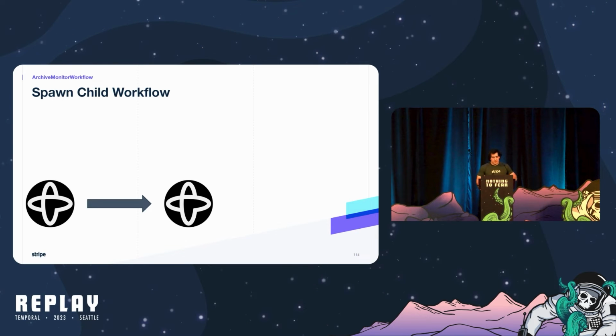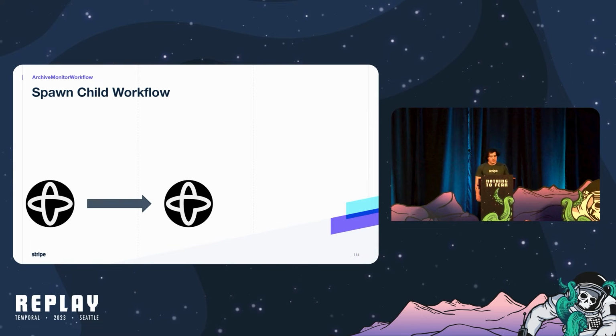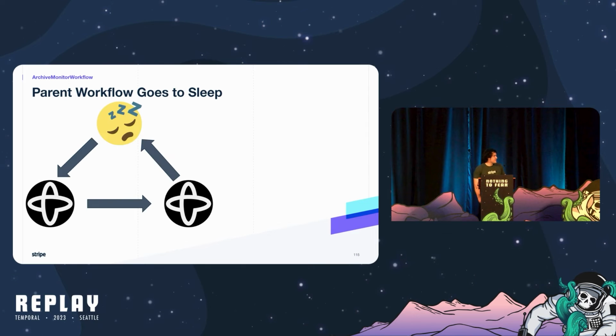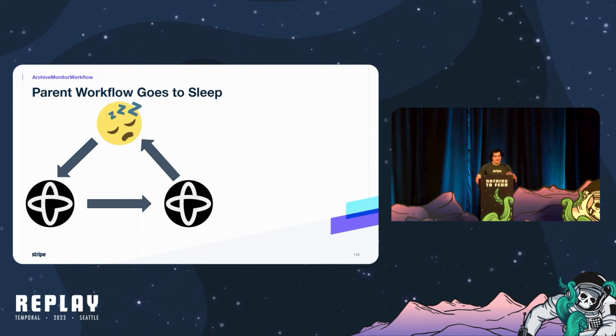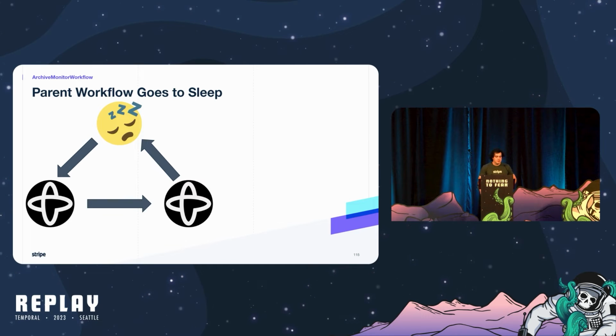The parent workflow then continues to run. Since the archiver runs on a 15-minute cadence, the parent workflow would go to sleep for 15 minutes, and its job is essentially to continue to run this process indefinitely.